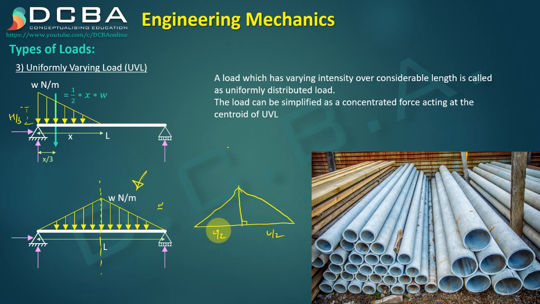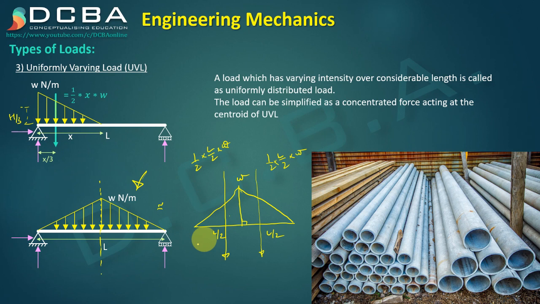I'm talking about this case. So here each of them has a length of L by 2 and both of them have a maximum intensity of W. So the simplified concentrated force for this triangle will be half into L by 2 into W. Same way for this triangle, it will be half into L by 2 into W.